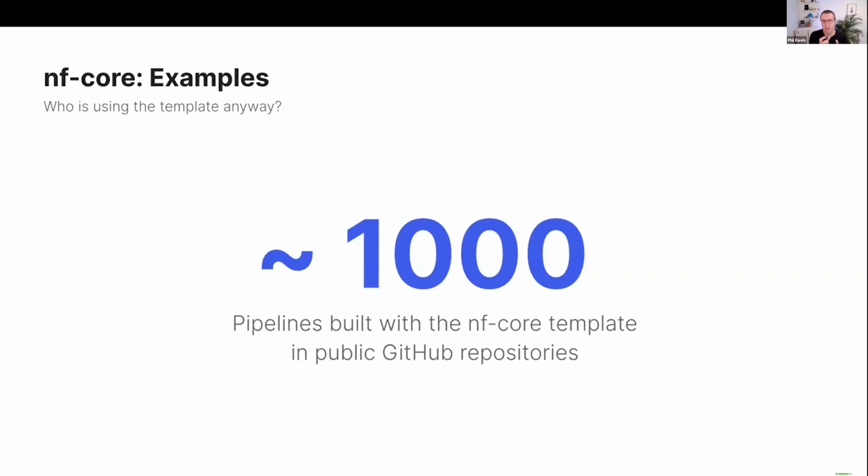Depending on which chunk of code I picked, I got somewhere between 600 and 1,000 different repositories. So the scale of usage of NF Core is very difficult to see when it's not coming back to the central community, but you can get an idea here. The scale of usage of the framework is far bigger than just those 80 pipelines you see on our homepage. So the impact of the NF Core community is massive.